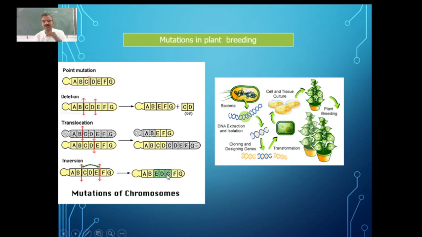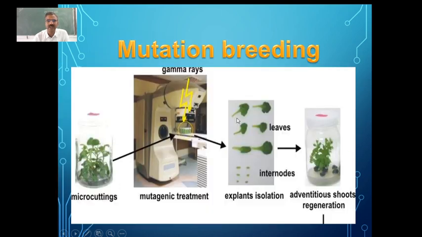And what are the steps involved in this case here? We can see the DNA. They are going to extract the DNA, and that will be exposed to mutagens like gamma rays. You can use any mutagen, but normally in mutation breeding they go for gamma rays here.